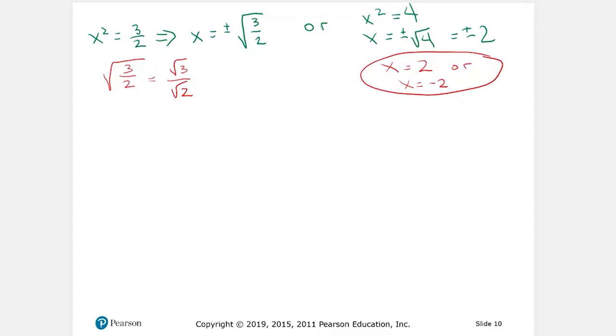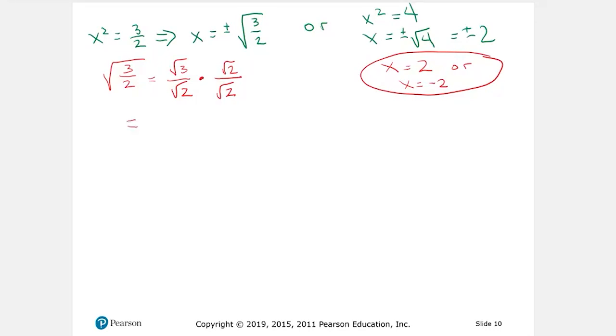So to get rid of this radical, I would have to multiply by the square root of 2, because the square root of 2 times the square root of 2 is the same as the square root of 4, which is 2, or the square root of 2 squared, which is also 2. So I'm going to multiply both the top and bottom by the square root of 2.